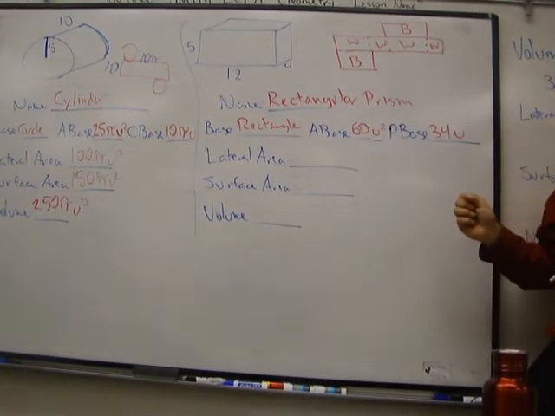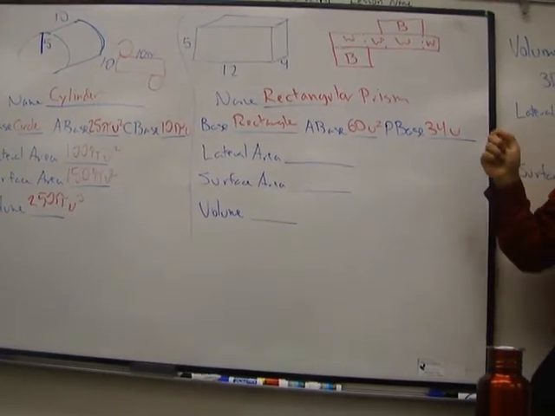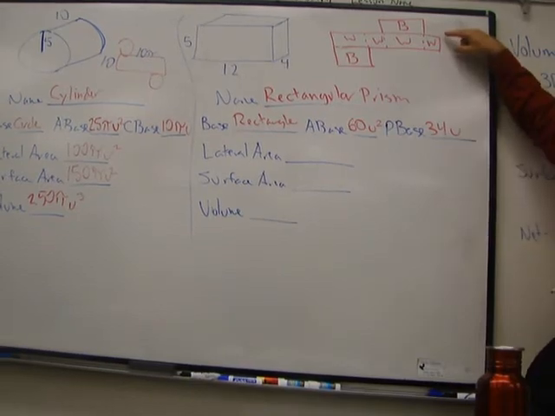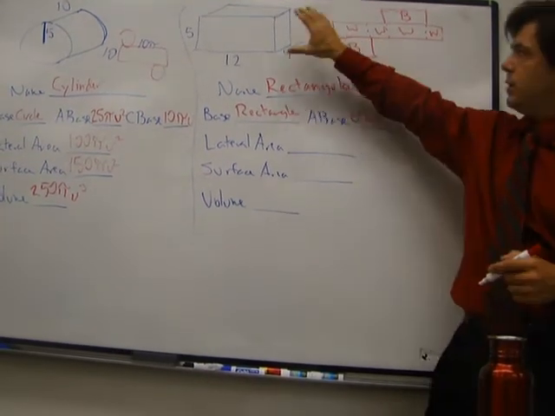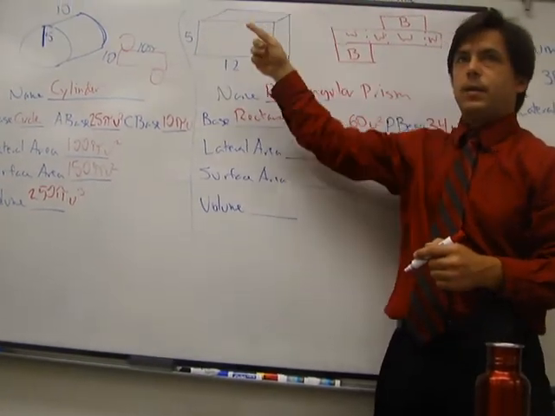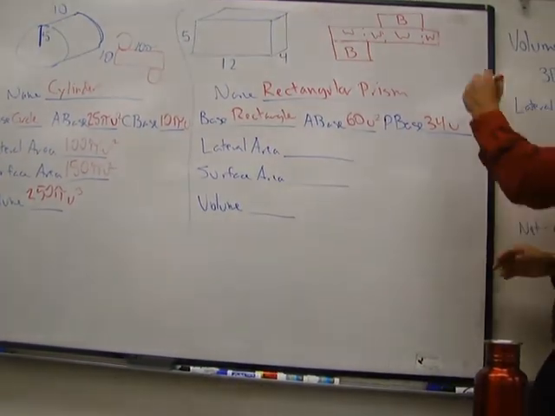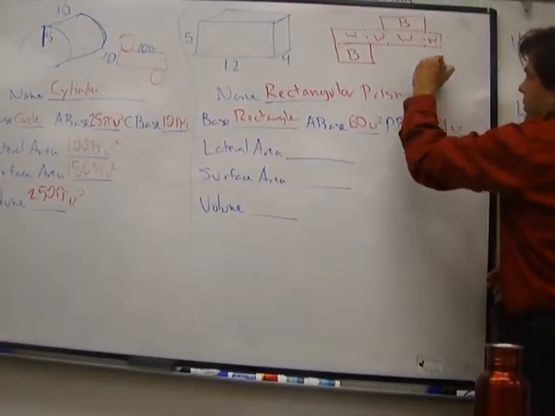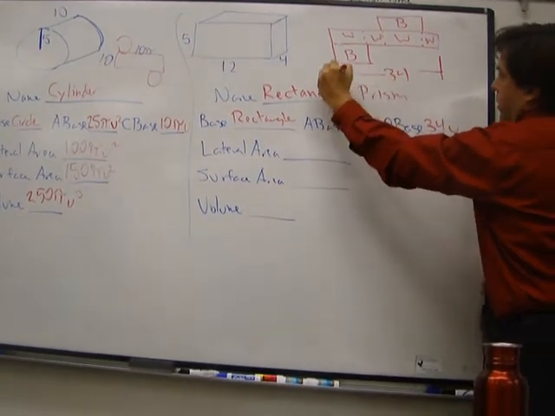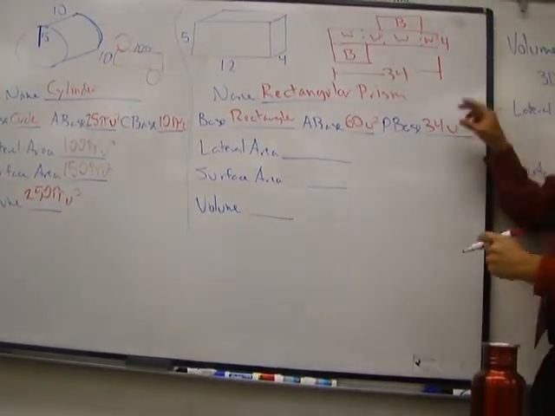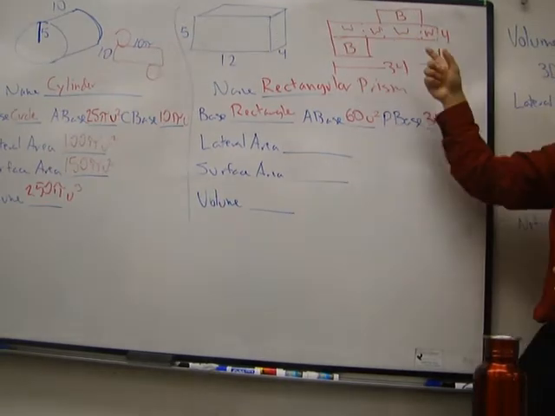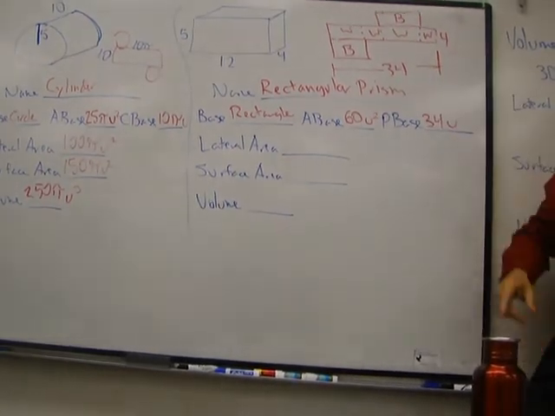So what was the perimeter again? 34. And then this distance will be equal to the distance between the front and the back. So how far is it from the front to the back? 4. So what we've got here is 34, and this is 4. So if you want to find the area of this thing, you do 34 times 4. So write it out.